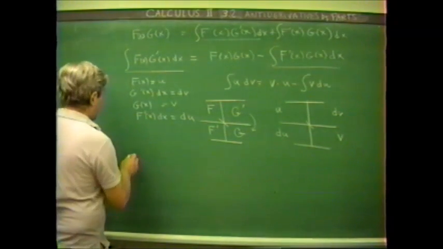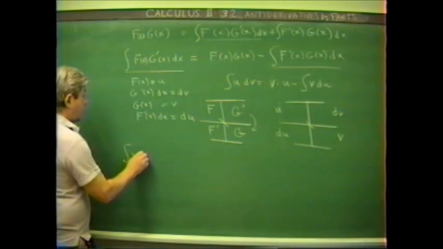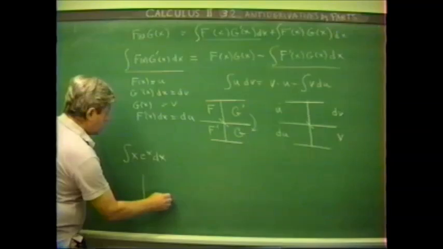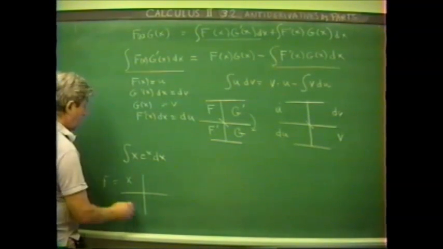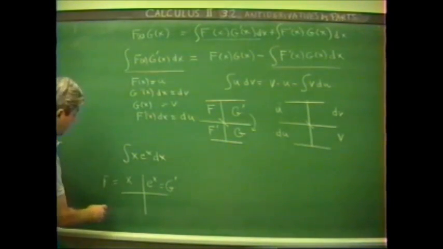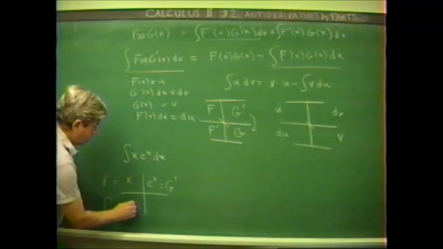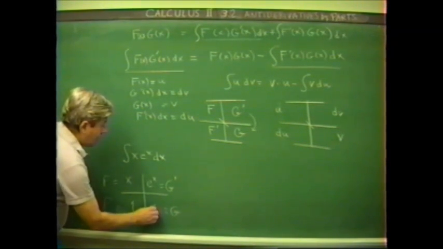Let's take a look at a simple example for starters. Let's look at the antiderivative of x e to the x dx. And here I'm going to let x be f and g prime be e to the x. And consequently f prime is going to be 1, and g is going to be equal to e to the x.